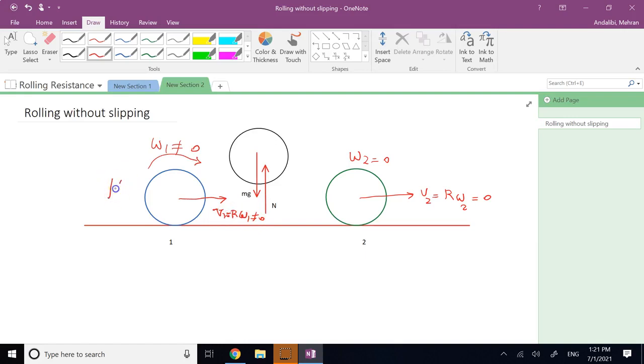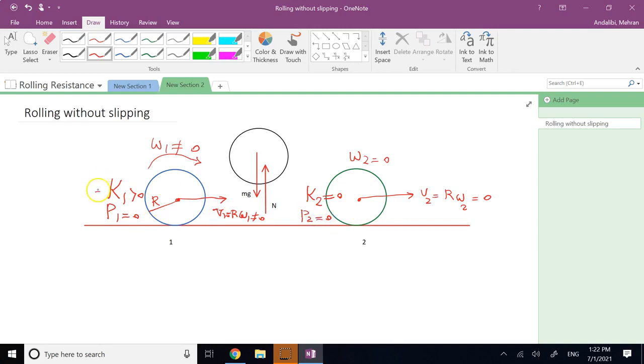So here, kinetic energy in position 1, K1, is bigger than 0, while here, kinetic energy 2 is equal to 0. And when we say R here, by R we mean the radius of the disk. So now the question is, if I assume here the datum for gravity is at the center of the disk, then I can say that potential energy in position 1 is 0, potential energy in position 2 is 0.